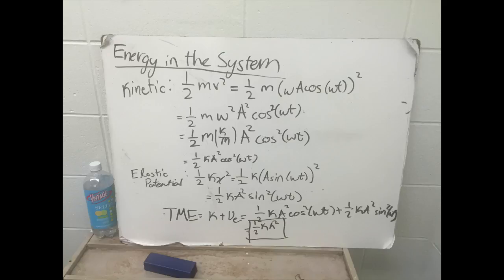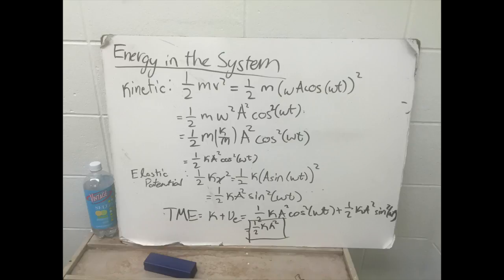Now that we know how the forces work, we should look at the energy in these systems. For this, we'll specifically be looking at an object that has only horizontal movement. And so an object would have 2 types of energy, kinetic energy and elastic potential.